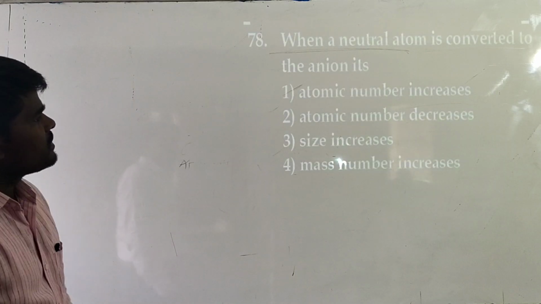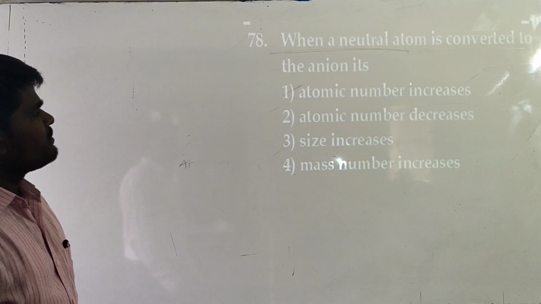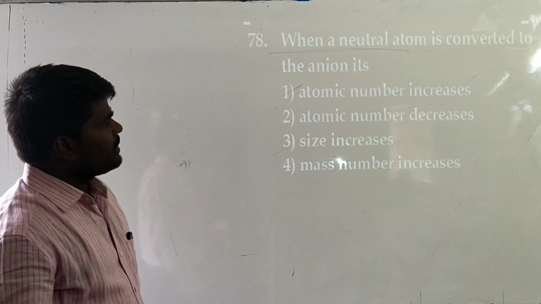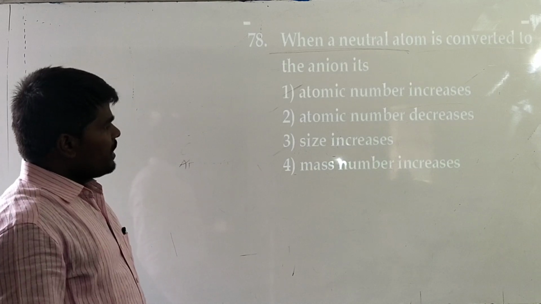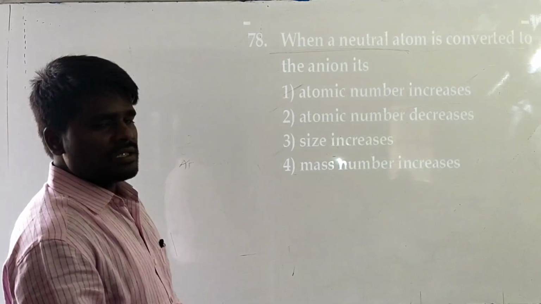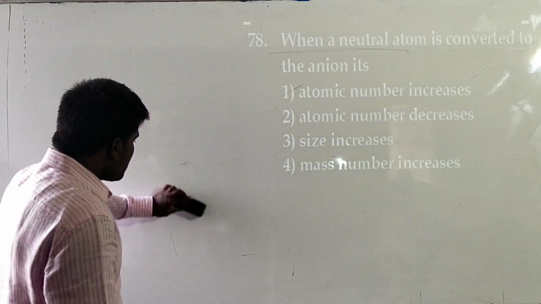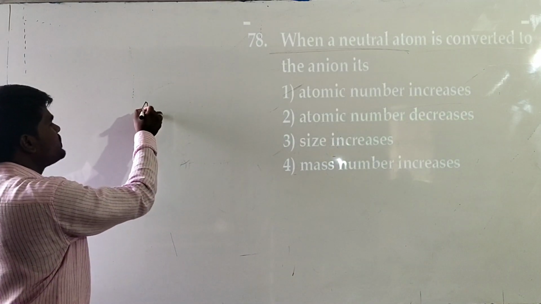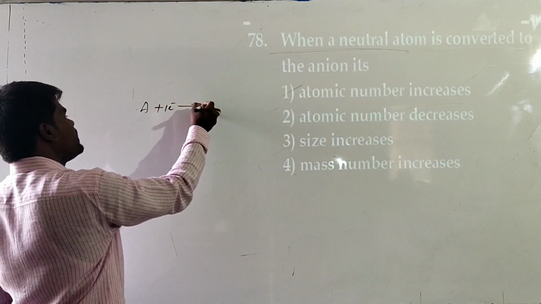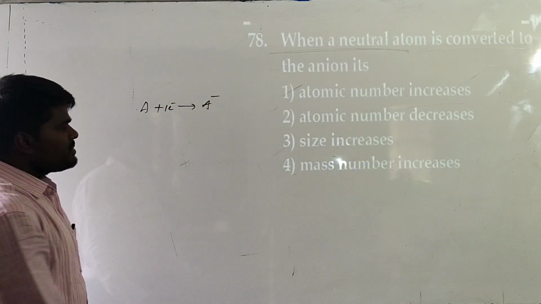Here comes our next question. When a neutral atom is converted into the anion, its atomic number increases, atomic number decreases, size increases, mass number increases. First of all, let us see how to convert a neutral atom into anion. When a neutral atom gains an electron, it becomes anion.